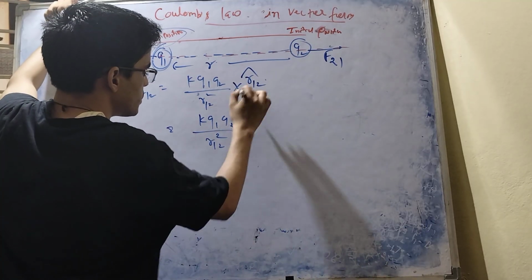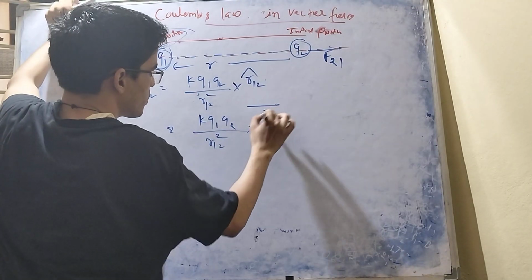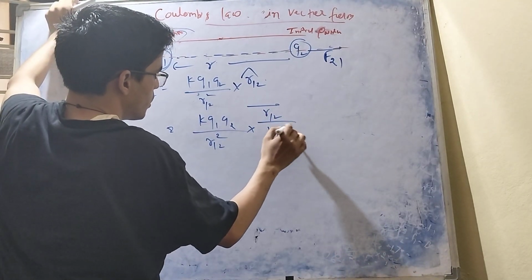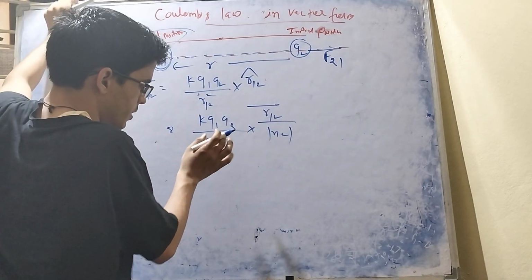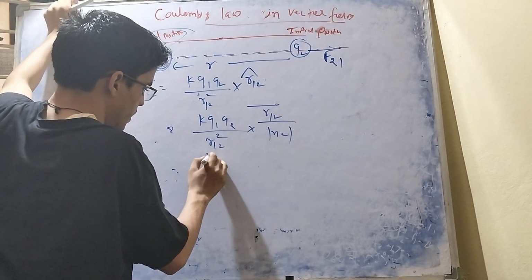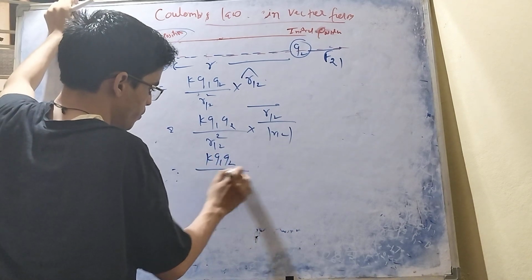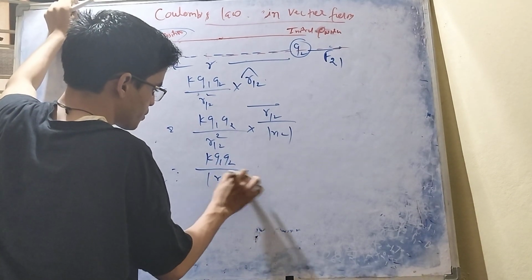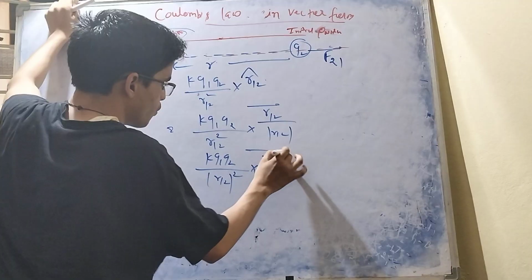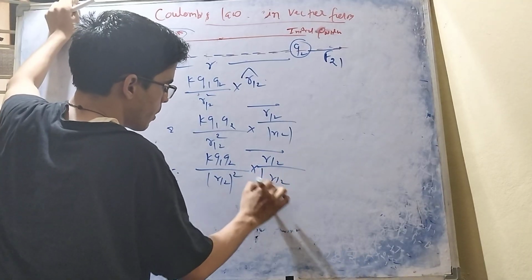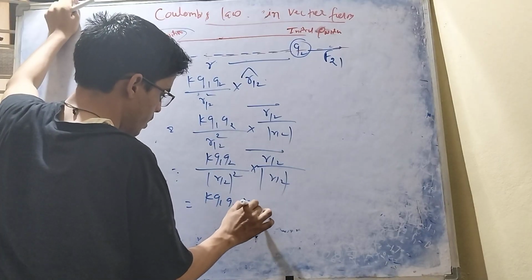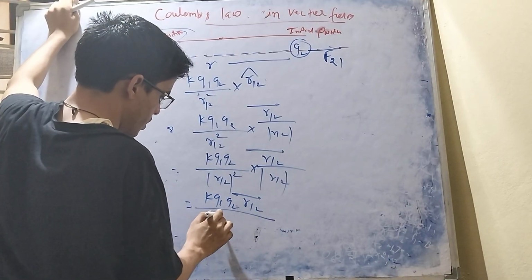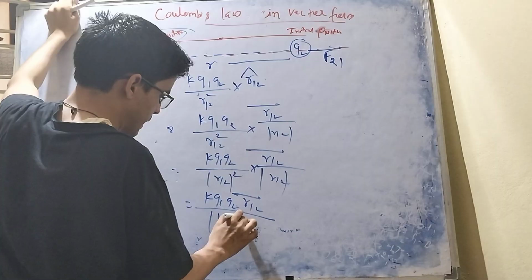Next thing, K Q1 Q2 by R12 square into R12 vector upon R12 mod. This is a vector quantity, so we can write K Q1 Q2 by R12 mod square into R12 vector upon R12 mod. This will be K Q1 Q2 R12 vector upon R12 mod cube.